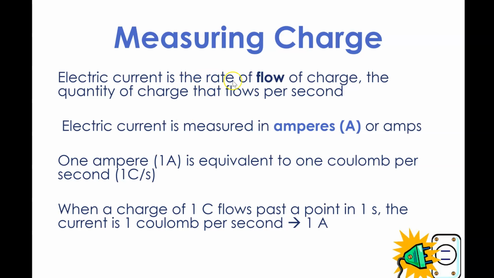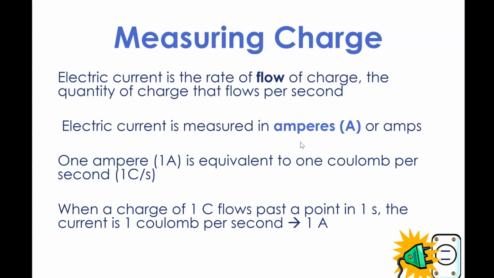Electric current, again, is the rate of flow of charge, basically the quantity of charge that flows per second. Electric current is measured in what are known as amperes, and the symbol for amperes is capital A. I'm sure you've heard the short version, amps.